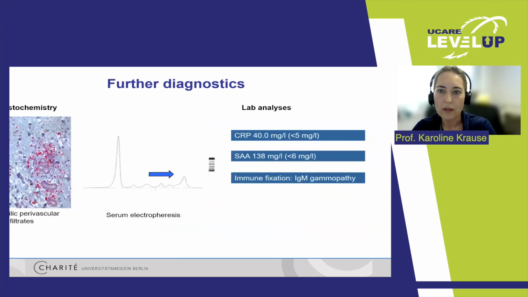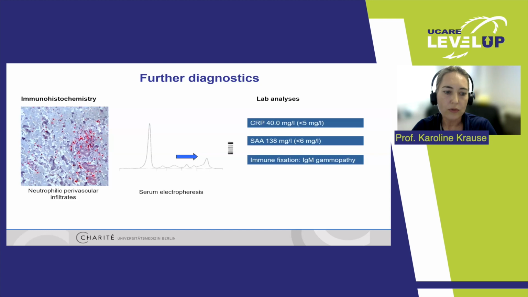So moving further into diagnostic tests, we did a skin biopsy in her case, and here you can see on the left-hand side, already pointed out by Clive, these perivascular neutrophilic infiltrates, which can be seen nicely with an anti-myeloperoxidase stain, where you can see these red spots around the vessels.